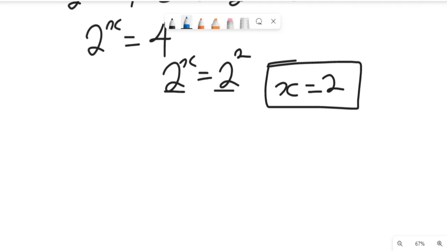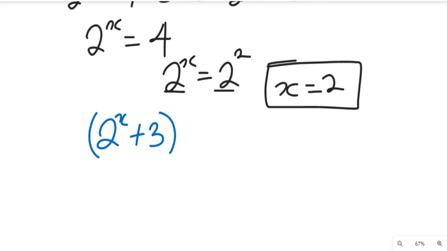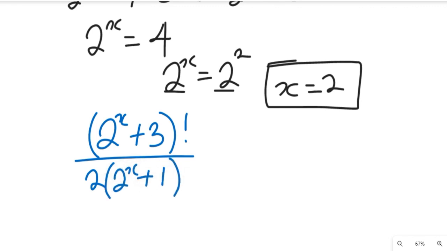We are asked to prove that this whole thing is equal to 21. So given the initial question, we have 2 to the power of x plus 3, all factorial, divided by 2 multiplied by 2 to the power of x plus 1 factorial. We want to prove that it's equal to 21.